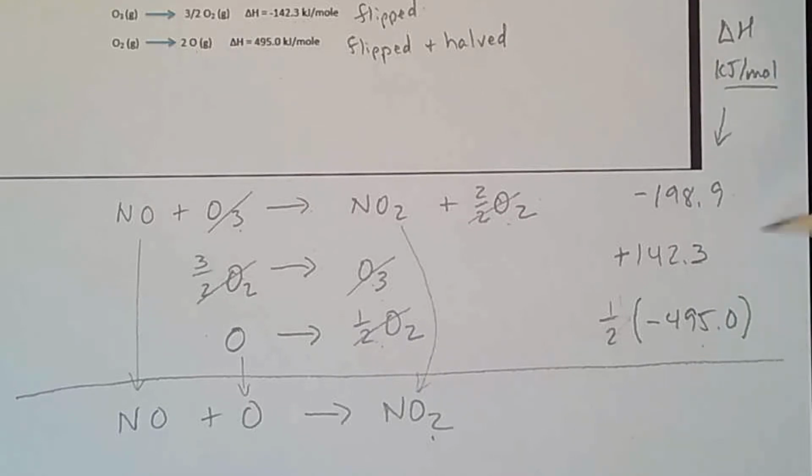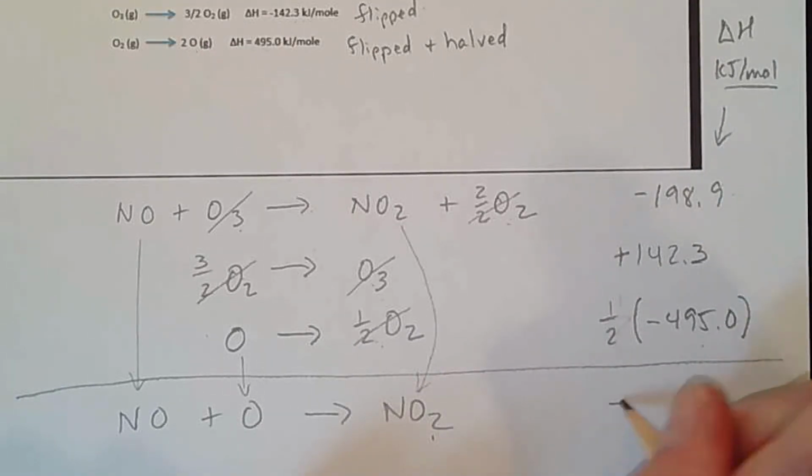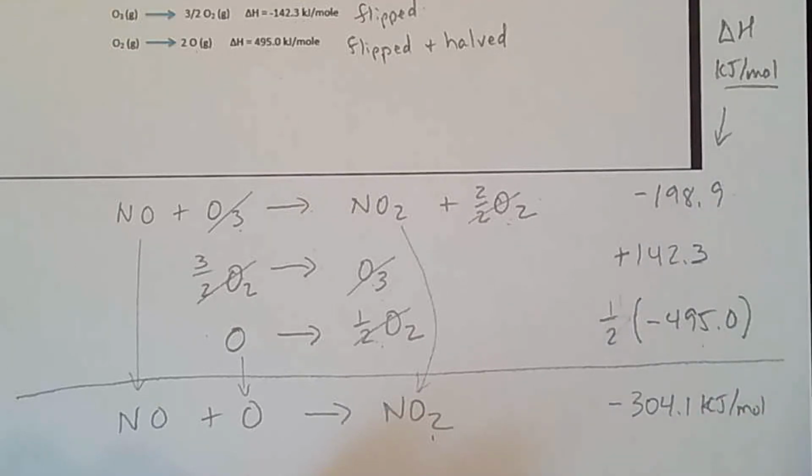So now I'm going to take out my calculator and I'm going to add up all of these values, and I get negative 304.1 kilojoules per mole. And I'm going to retain my 1 decimal place here, and that is obviously an exothermic enthalpy value.